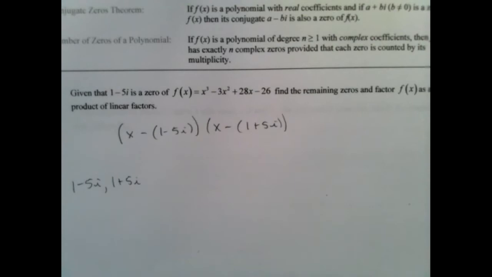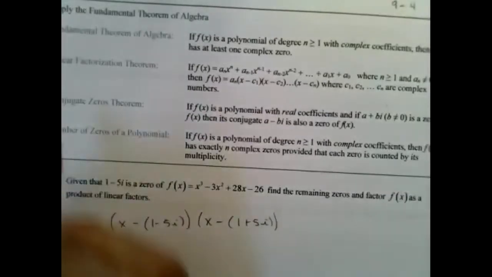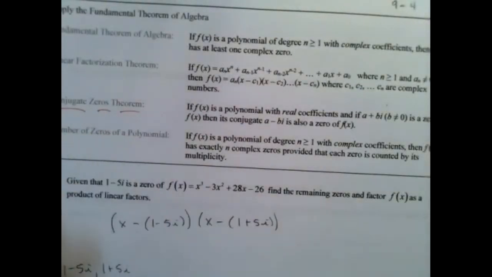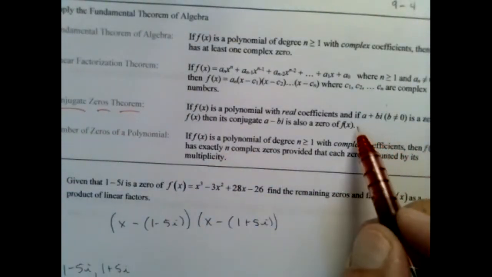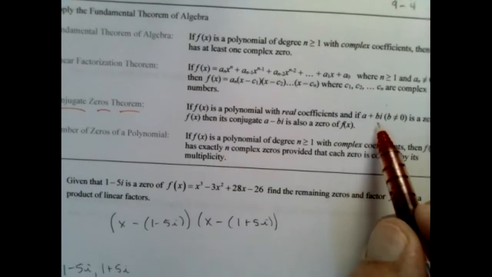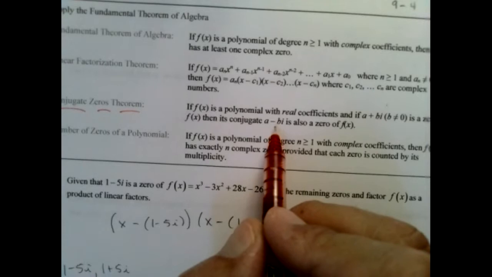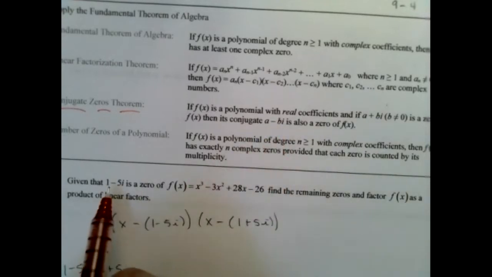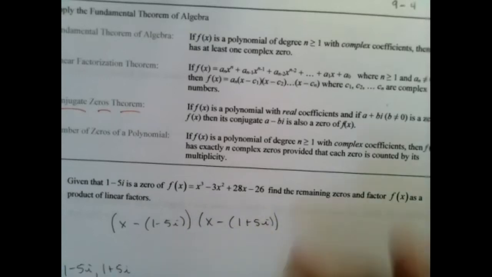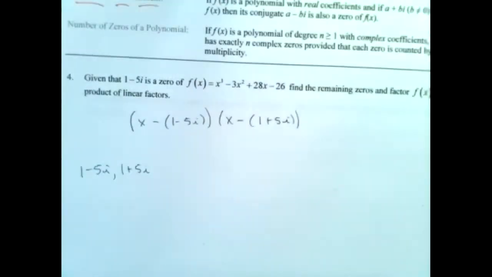The conjugate zero theorem says if a plus bi is a zero, then a minus bi is a zero. That's what we just did. If a minus bi is a zero, a plus bi is a zero.